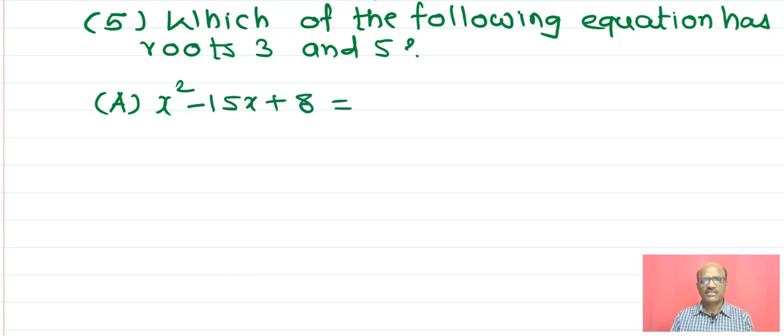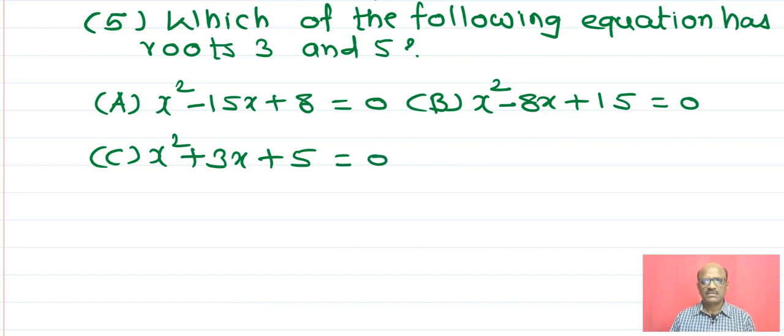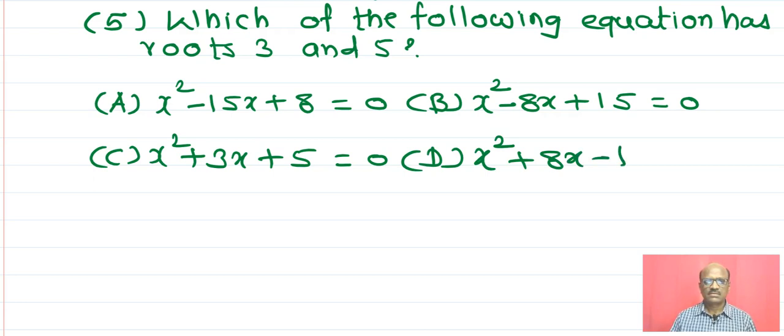A: x square minus 15x plus 8 equals to 0. B: x square minus 8x plus 15 equals to 0. C: x square plus 8x minus 15 equals to 0.